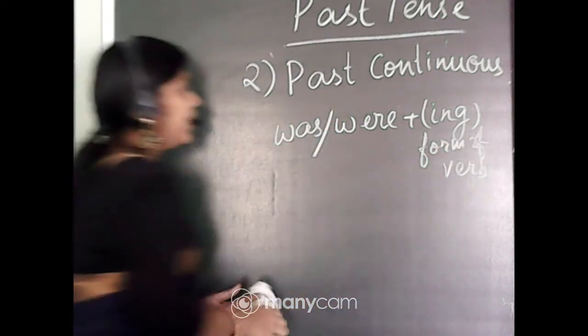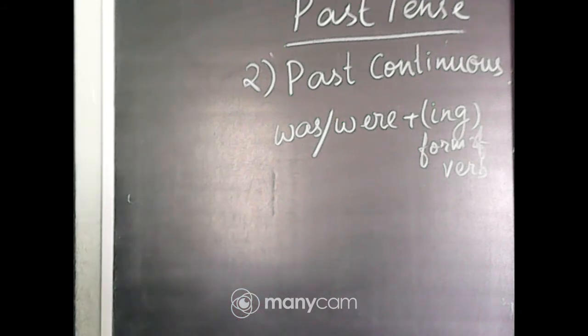Right. So it refers to any continuous action in the past. It is used to refer to an action which was going on, which was continuing in the past, or an action that was a habit in the past. Okay.